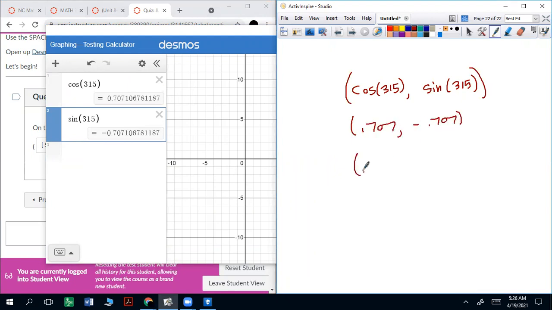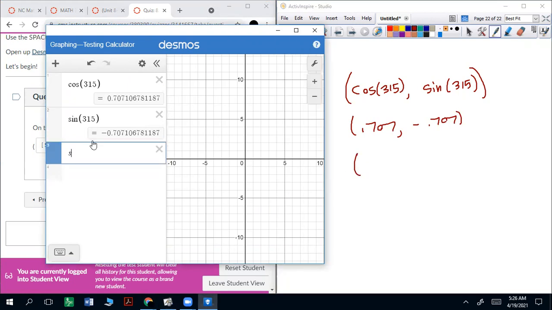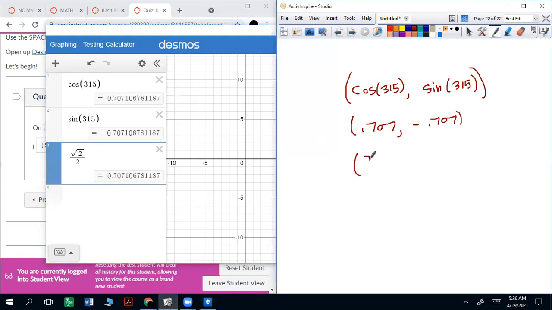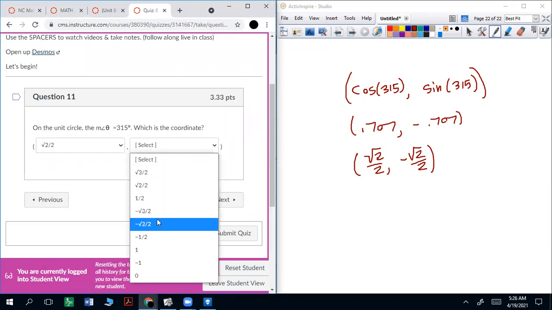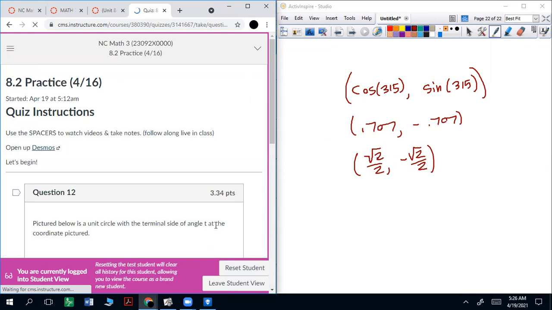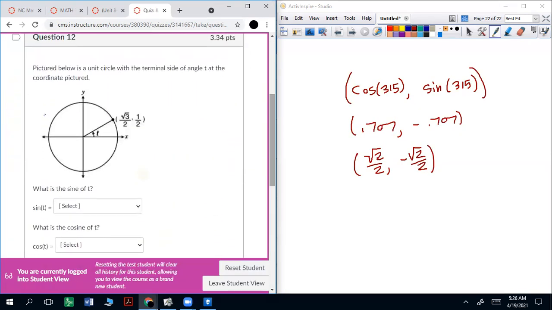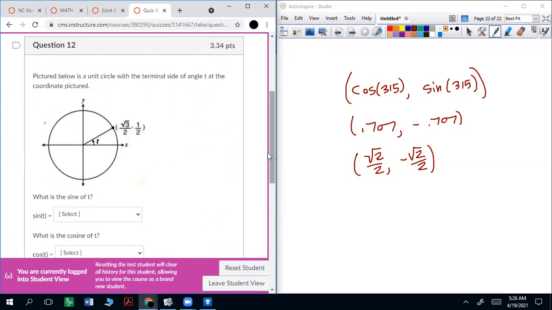So the square root of 2 over 2 is 0.707, and the negative square root of 2 over 2 is negative 0.707. And that takes care of all those. Let's go over the last few.